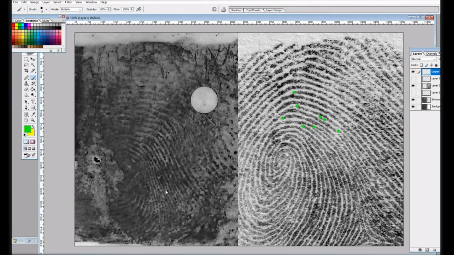When I first looked at this latent a few months ago with the other, less clear version of the latent print, my initial target group was the 2 green points that you have marked. The top one we had talked about as to where the position is a little unclear, where it might be an incipient as it trails off, and then the one right underneath it.